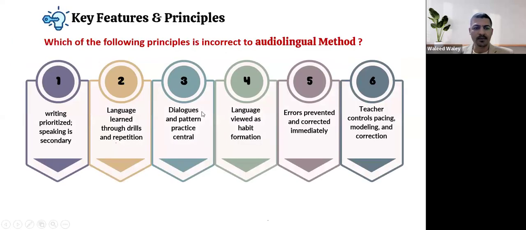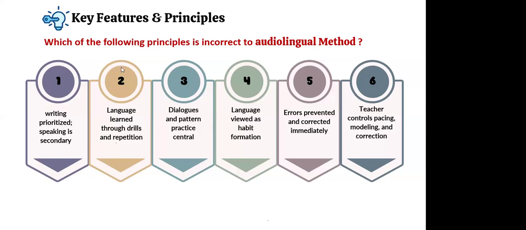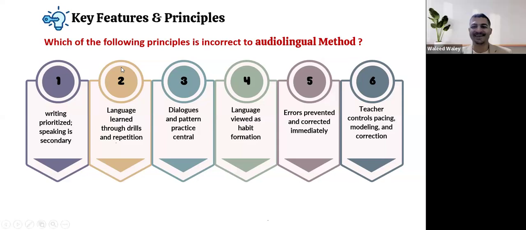Okay, and here, which of the following principles is incorrect to the audiolingual method? Can you read them? You have 1 minute just to read these principles and decide which one is incorrect.